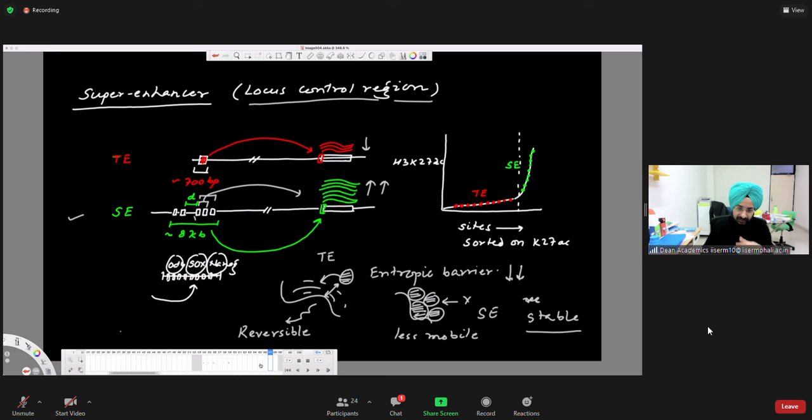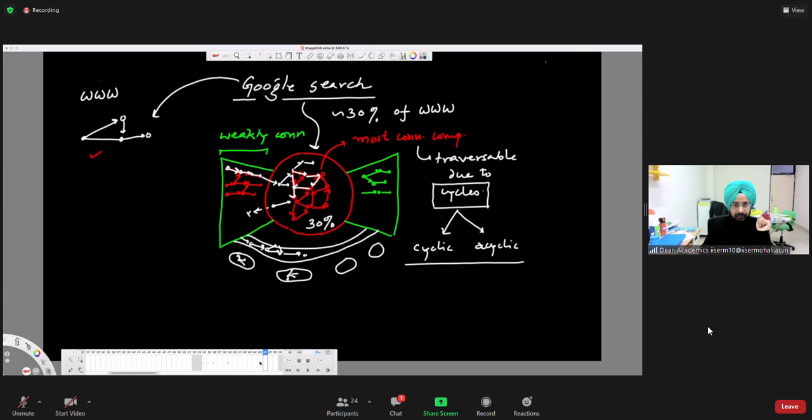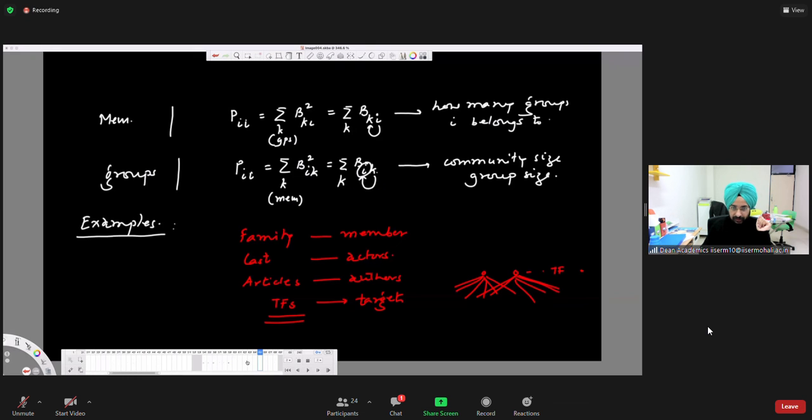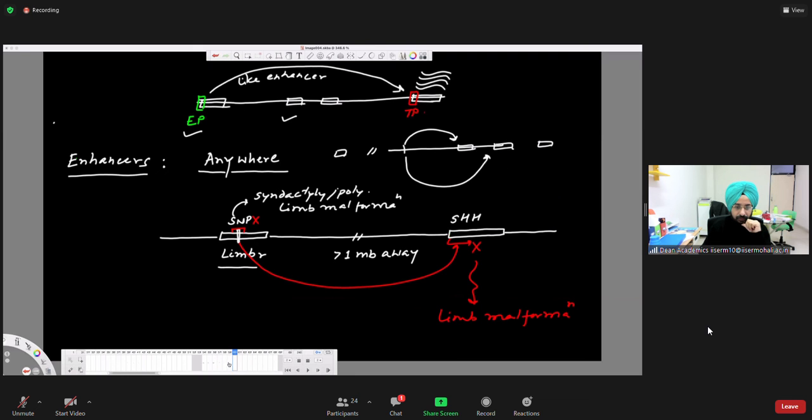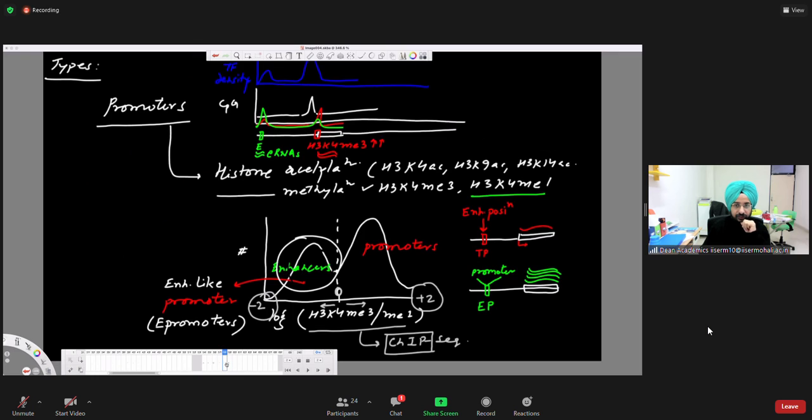The other thing is, since we are talking about chromatin types, super enhancer is one type. We were looking at various combinations of histone modifications here, right? For example, promoters have these many marks, so many acetylation marks, and a couple of methylation marks.